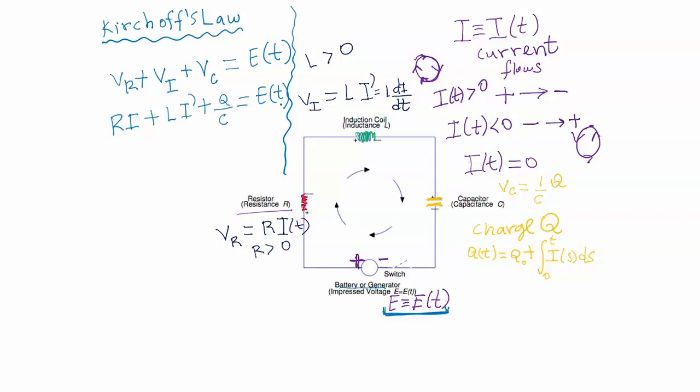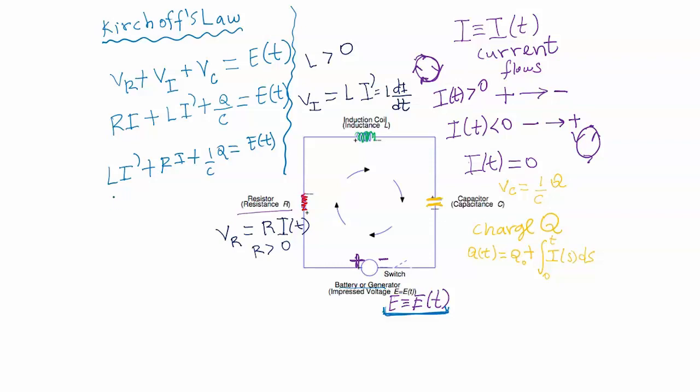So we could rewrite this as a first order differential equation: L I prime plus R I plus 1 over C Q equal to E of t.